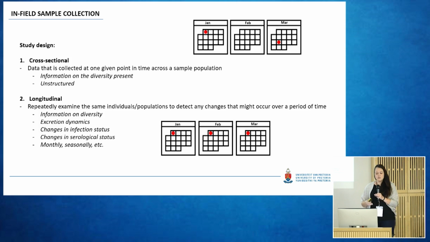So these studies would then be more structured. It can also provide information on the diversity. You can also provide information on the excretion of these viruses into the environment and how the dynamics change over time. We can look at changes in infection status from individual bats, or changes in serological status from individual bats.